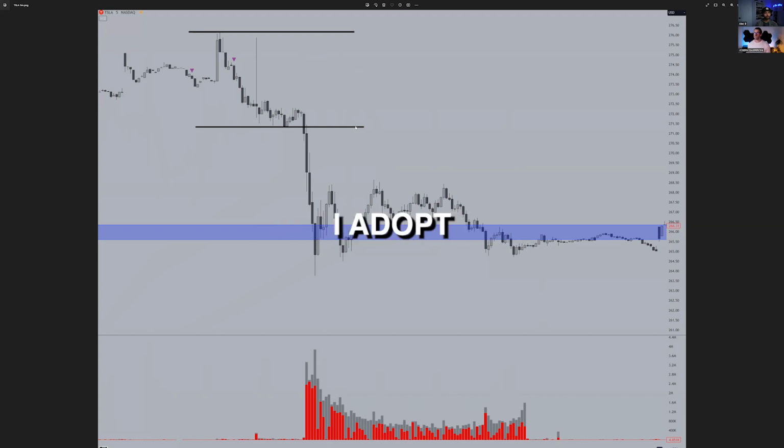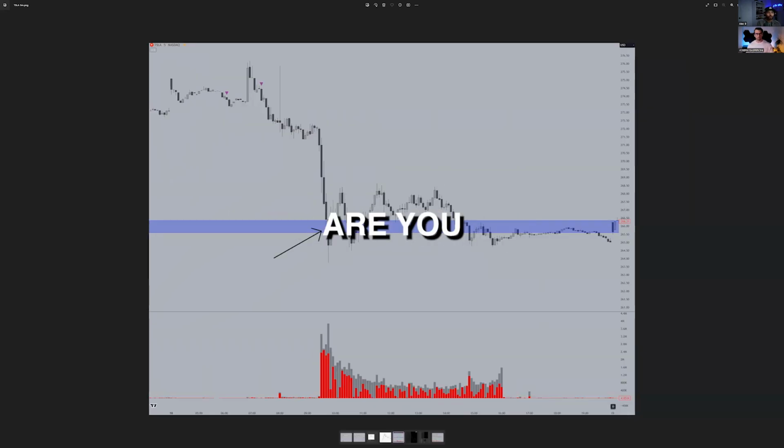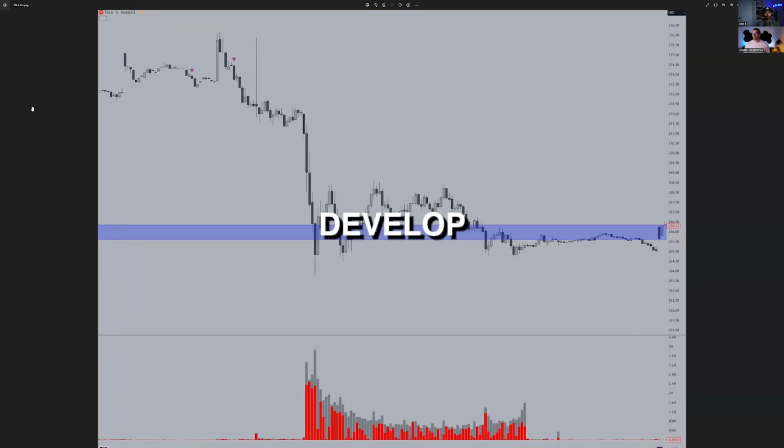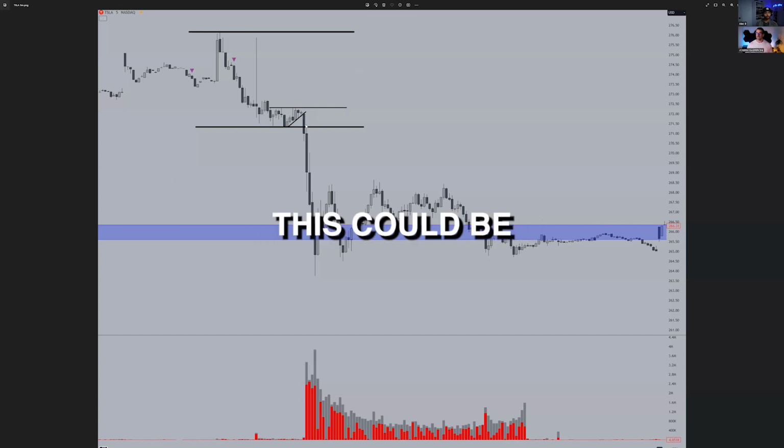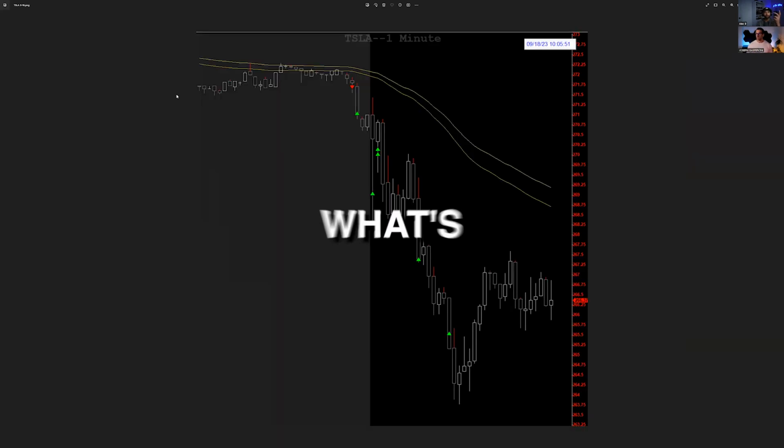The same process that I adopt on Tesla, I will do it for SPY, for the futures, for Meta, Amazon. So it's the same exact process. Are you monitoring your entire trade on the 1 minute once you develop your plan? Ideally, this could be a fake breakdown at the gate and push all the way up. What's your advice around that for people who are going to try to scale out slowly so they can take more of the move?